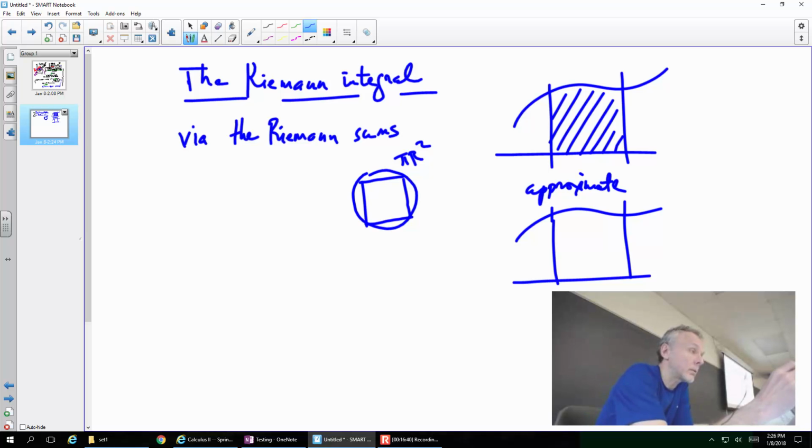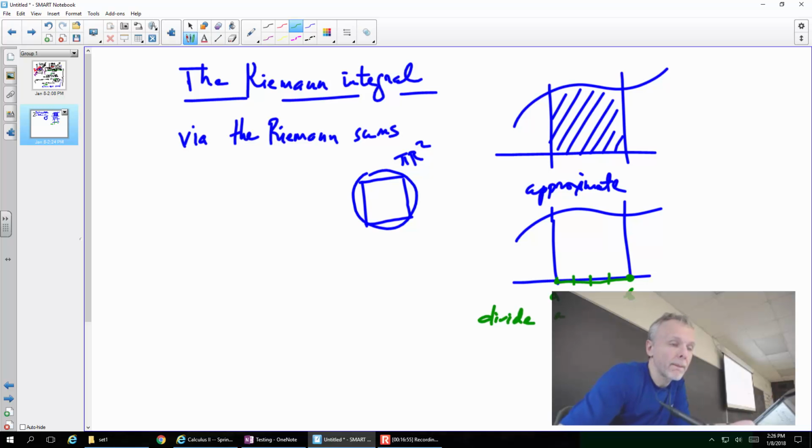what do we do? We divide the domain into small intervals. The interval AB is divided into n intervals.